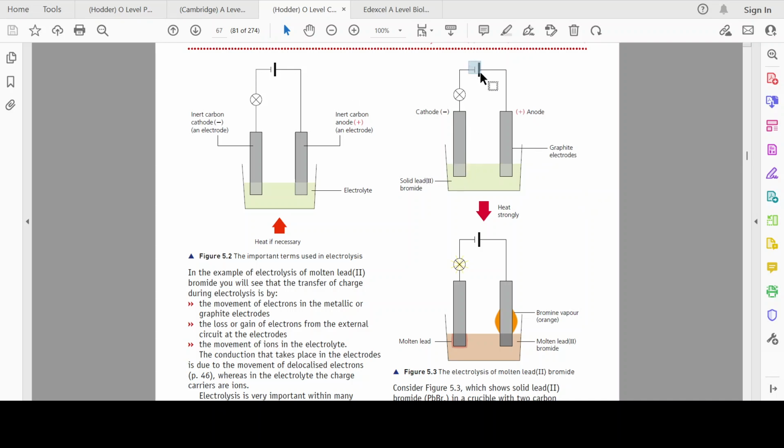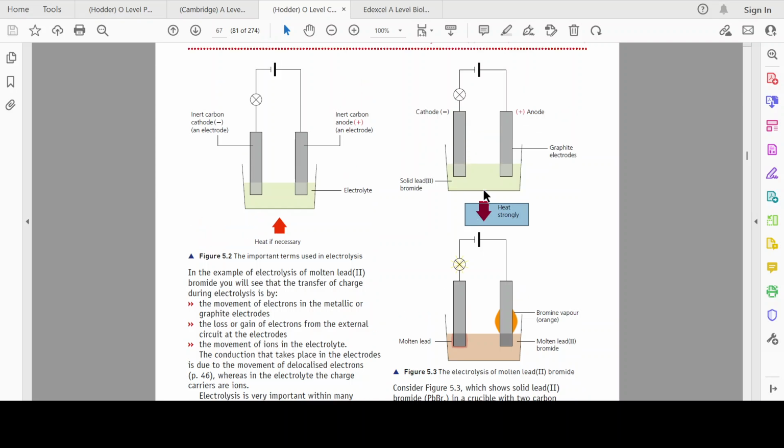So you see how this is made, the power supply: the short thin line is the cathode, that's the negative terminal. The thick longer line is the anode, that's the positive terminal. And then you've got solid lead bromide, and so they heat it to turn it molten.